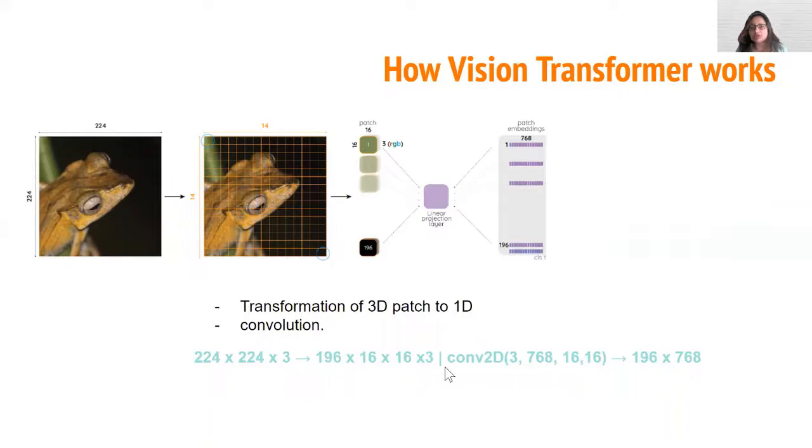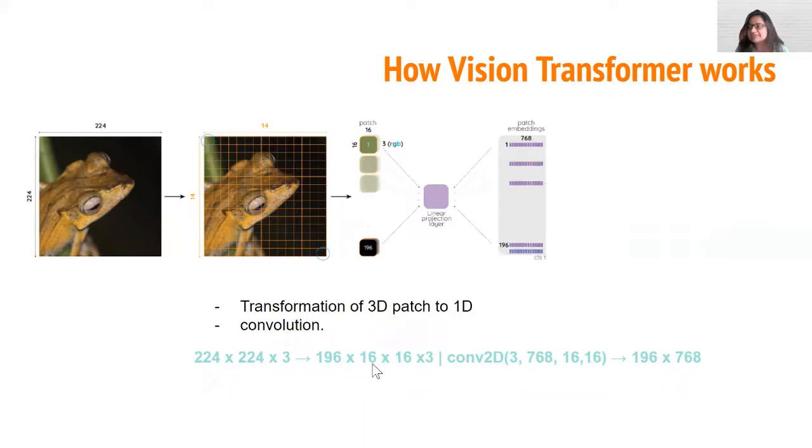So if you look closely over here at the convolution operation, Conv2d 3, 768. This 3 is the input number of channels, 768 is the output number of channels, and 16 by 16 is your filter size.